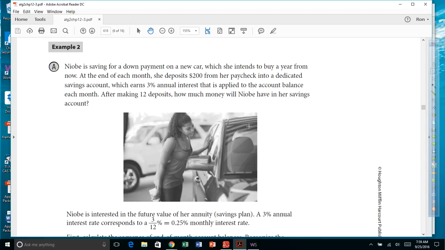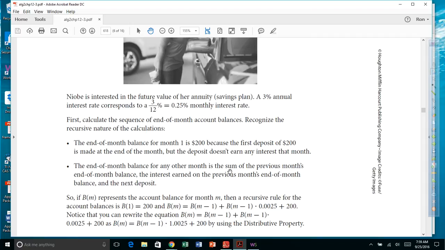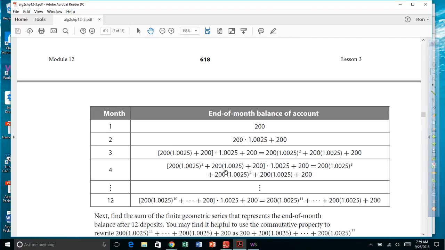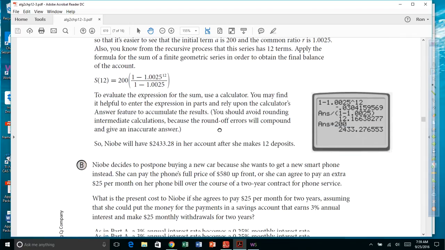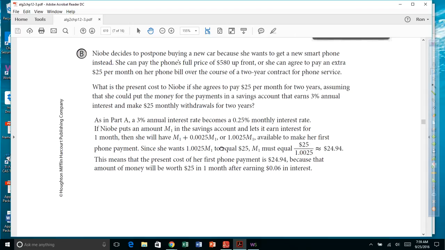Like if it's monthly, it would be R divided by 12. If it's quarterly, it would be R divided by 3. Now, I'll let you read A, and you can follow along. And then when you get back, we'll do B together.